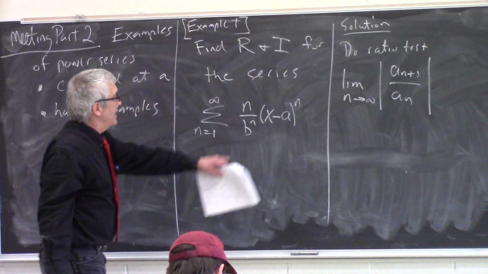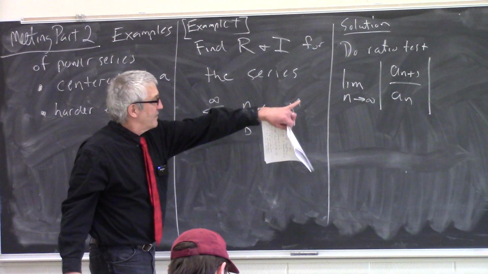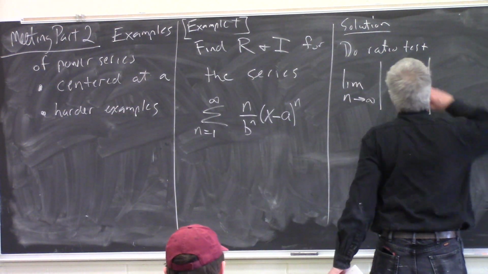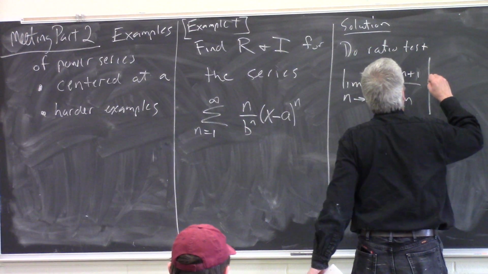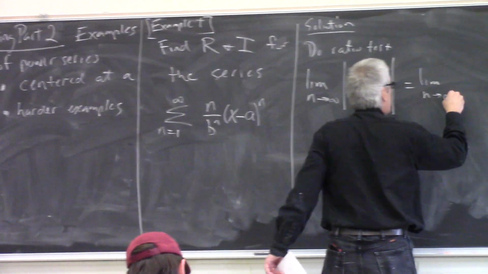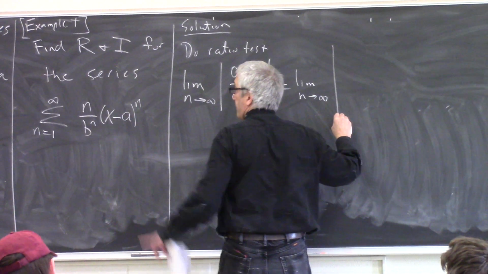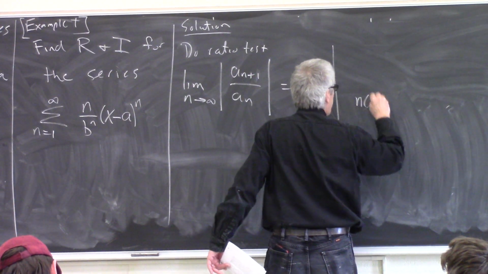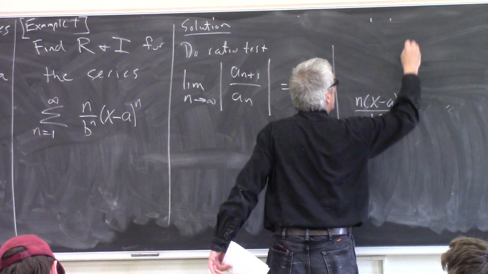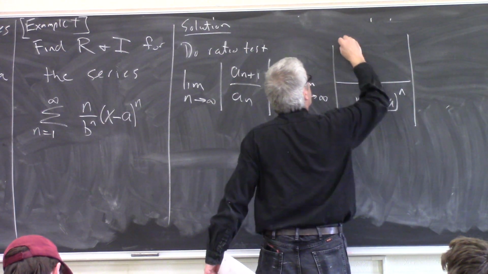That a is not the same as this. This is just some number a. This is the thing which stands for the terms inside the summation. So this is the limit as n goes to infinity. I'm going to have on the bottom that whole thing, n times (x minus a) to the n over b to the n. And on the top, I'm going to have the same thing, but with n plus 1.